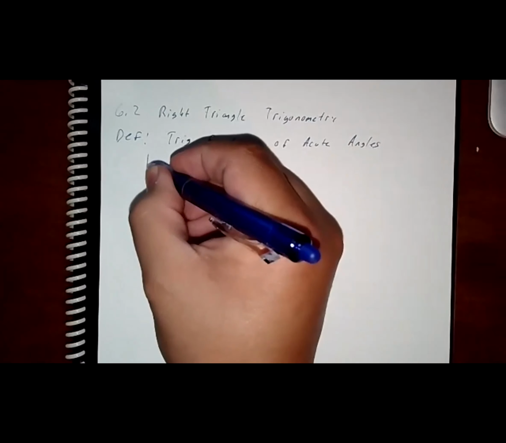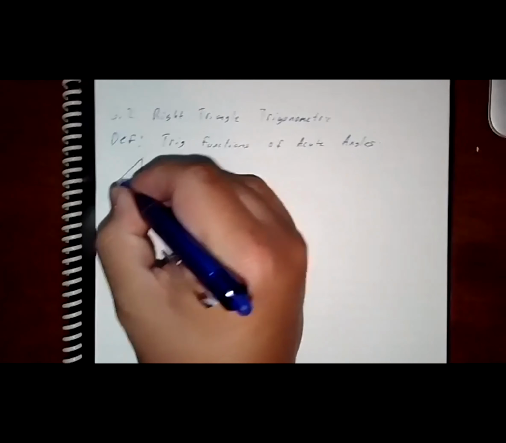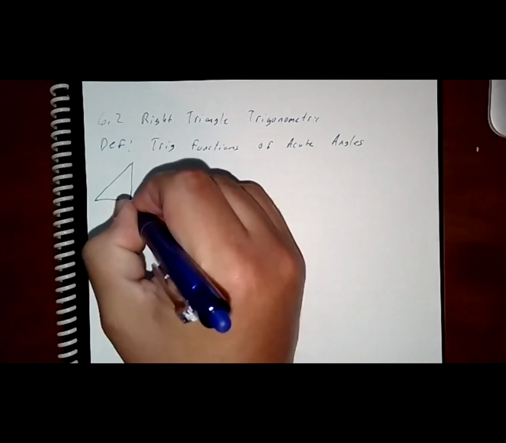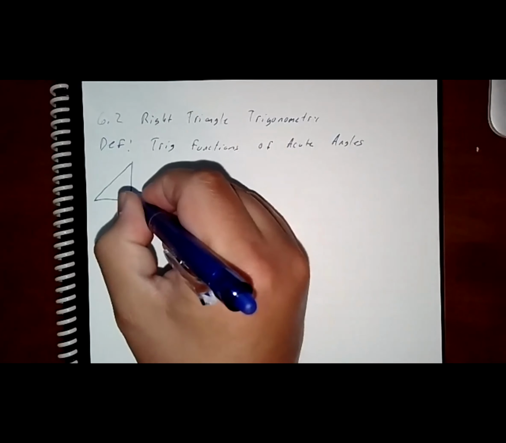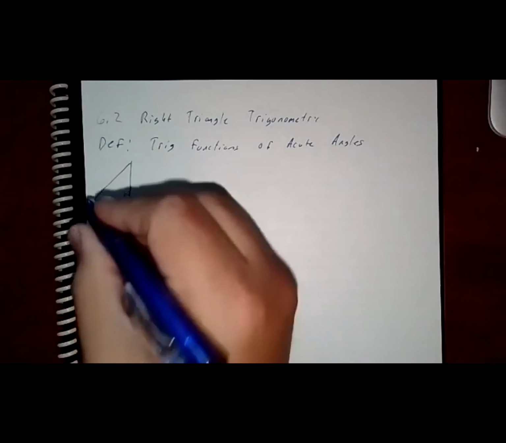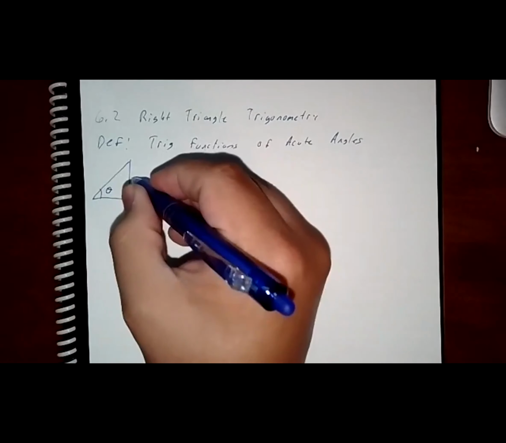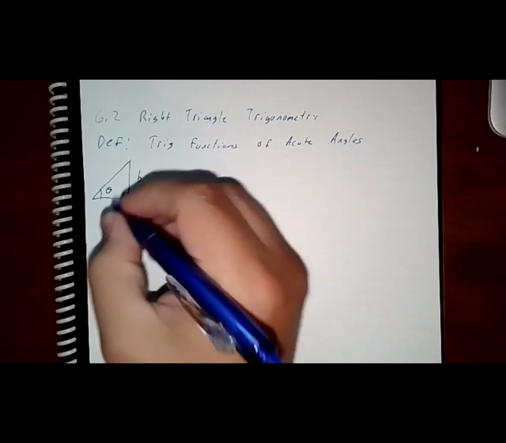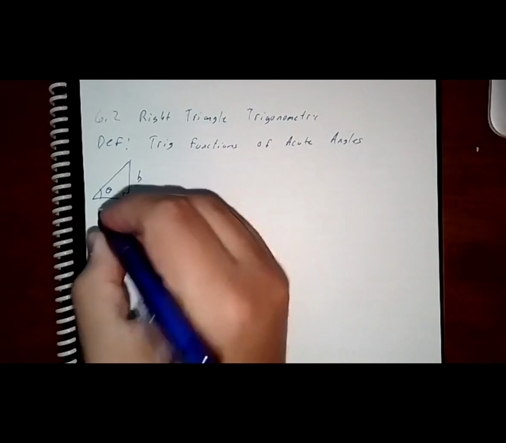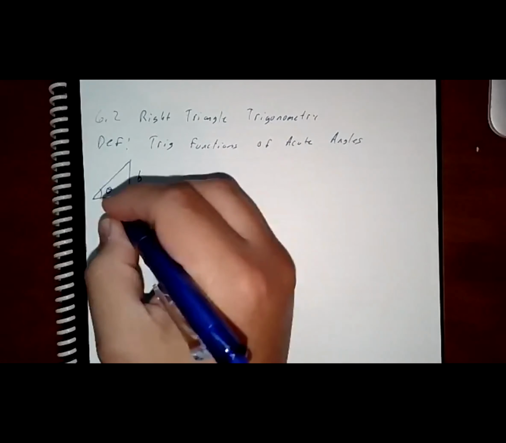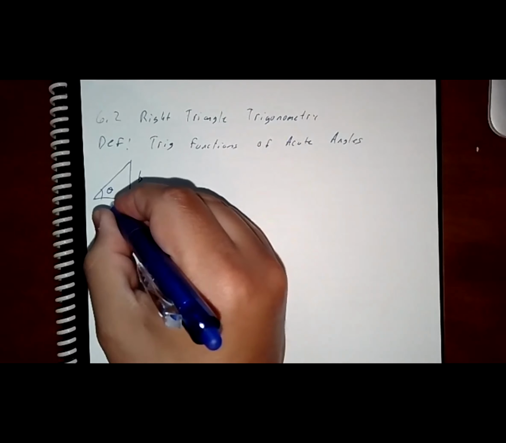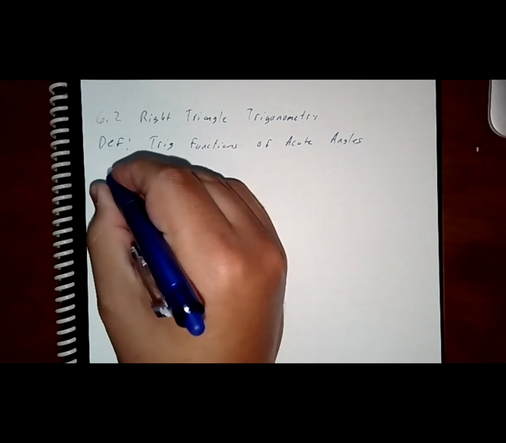So given this kind of triangle here, it's a right triangle. Let's say that we have some angle theta over here. We have an opposite side right there. We have an adjacent side to theta over here, and then we have our hypotenuse, right?